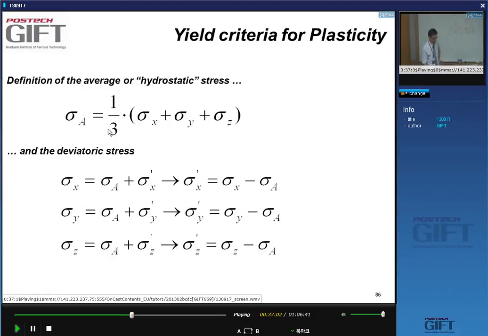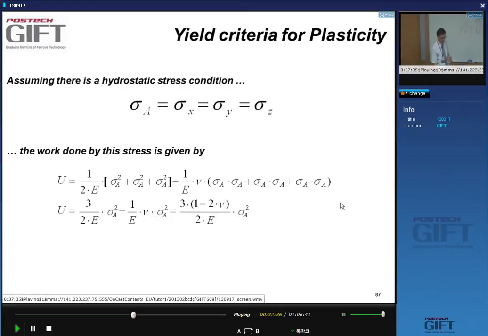And then what we're going to do is define deviatoric stresses, which are basically the stress in a particular principal direction minus the mean. So sigma x is the mean value plus the deviation from this mean value. We call this the deviatoric stress in the x direction, y direction, and z direction, and it is nothing else than sigma x minus sigma a, sigma y minus sigma a, and sigma z minus sigma a.